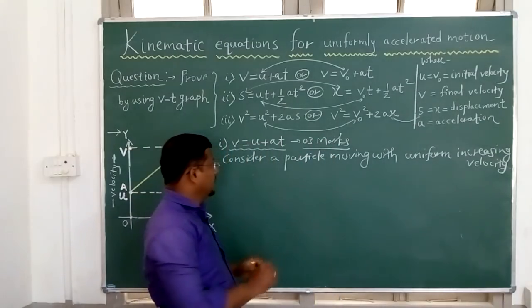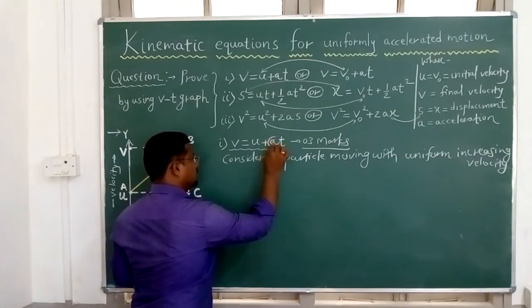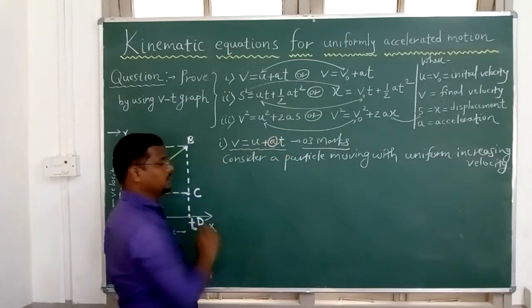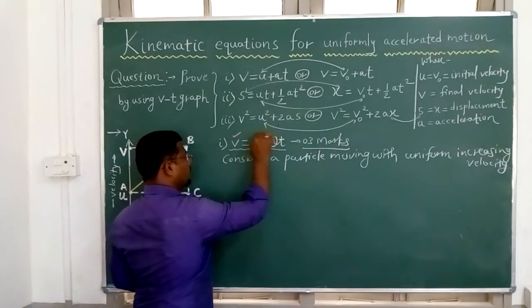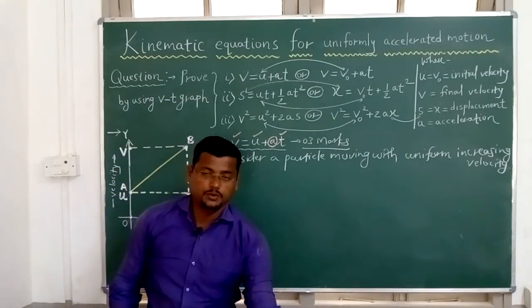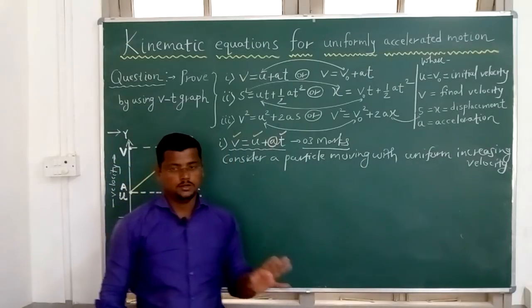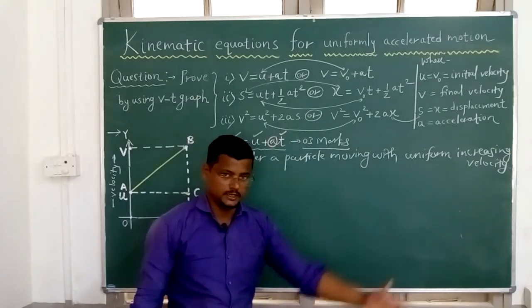Now my intention is to calculate acceleration, because I know final velocity, I know initial velocity, I know time, all these I know. I just want to find the acceleration, and to find the acceleration we must find the slope of the VT graph, because we know the slope of the VT graph gives me acceleration, right?